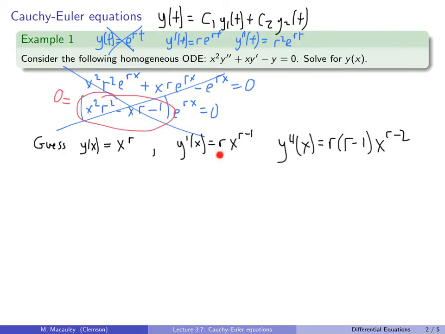So now here's what I want you to notice. When we plug these things into here, each time we plug in a derivative, we're losing a factor of x, but we're gaining that right back because there's an x here and an x squared here.